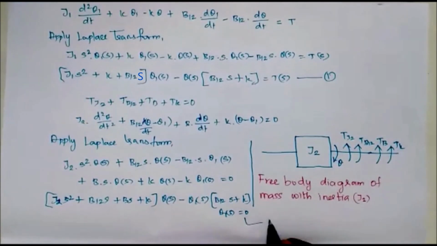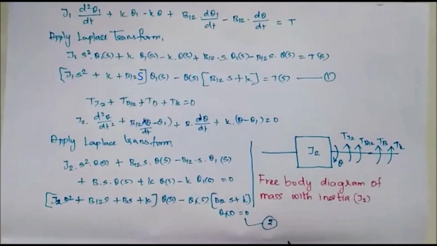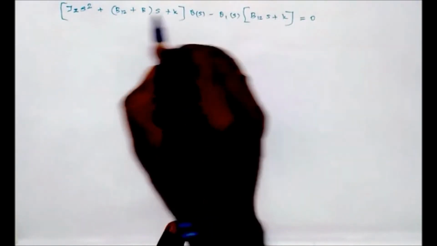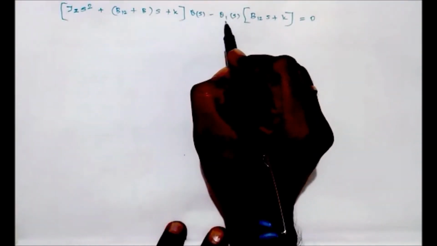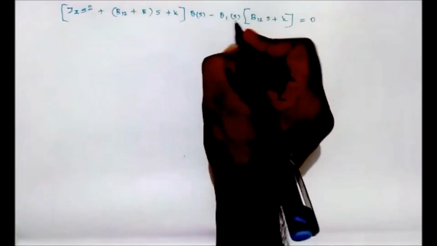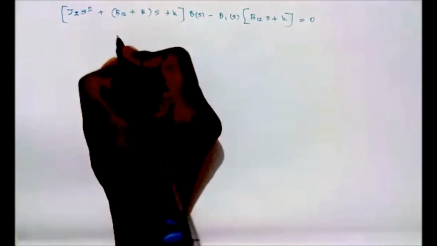So now we can consider this as equation number 2. After taking theta of s from these terms, and theta 1 of s from these two terms outside, we have to find theta 1 of s from this equation.